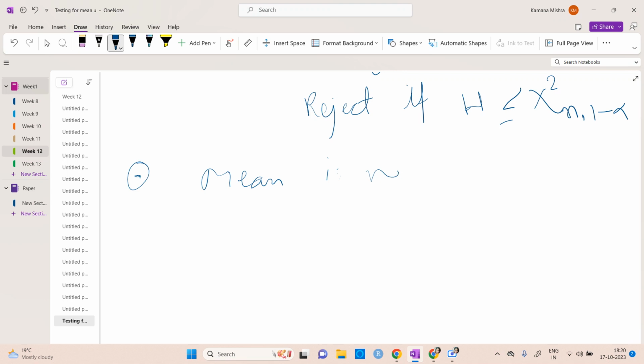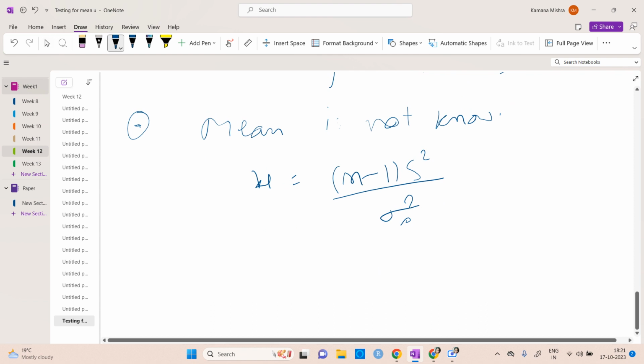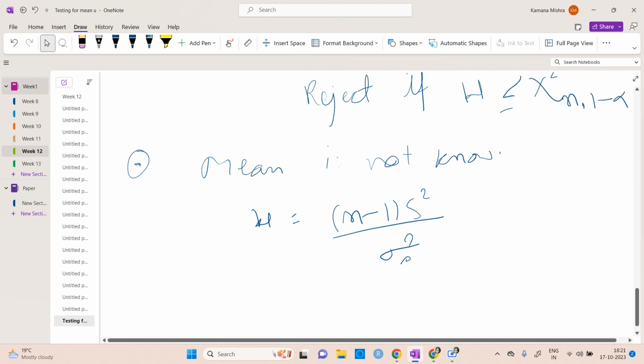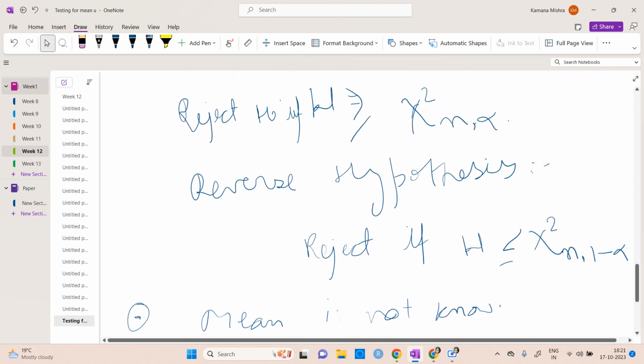We just take W as n minus 1 times s square divided by sigma naught square, and the rejection rule will just change by n minus 1. Okay.